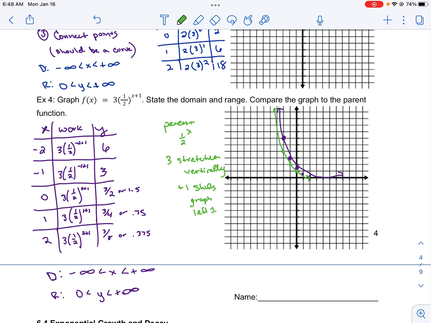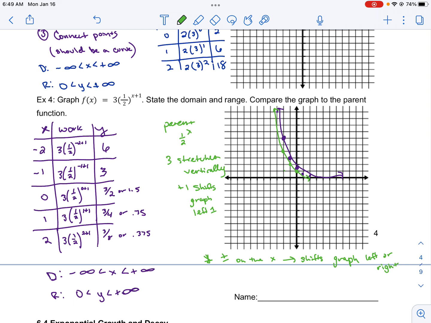So here's what I want you to figure out. If A is different, it's going to be a multiplier. It stretches it. Okay? If you have anything with the x, plus or minus on the x, this shifts the graph left or right.